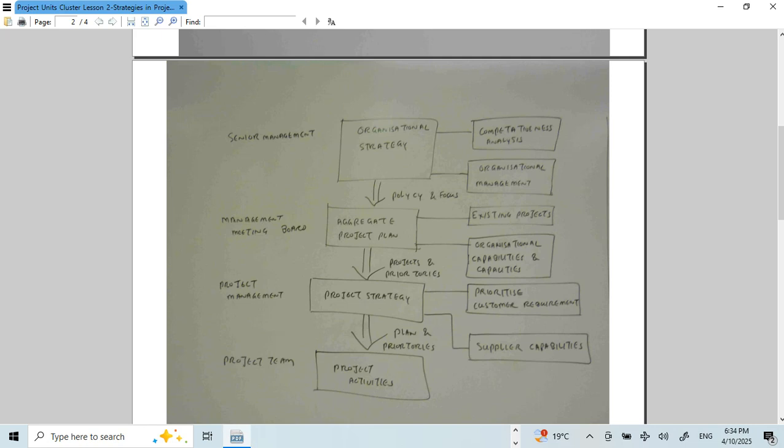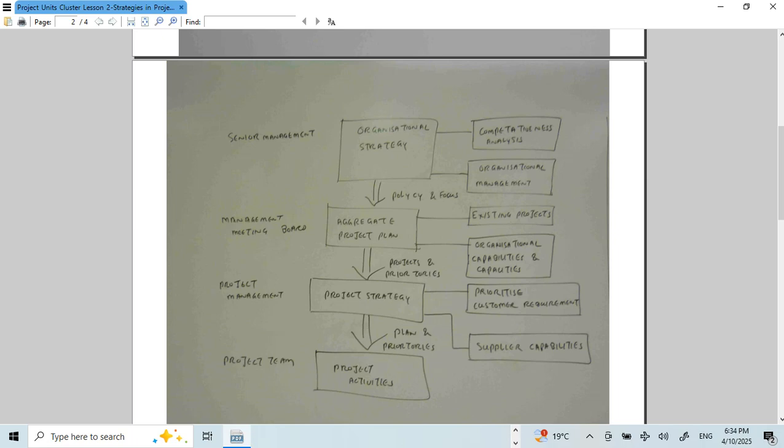The senior management also performs the organization management, how to organize the project. Then a policy and forecast need to be put in place. After putting the policy and forecasting, we plan the project plan. So this is the aggregate plan.